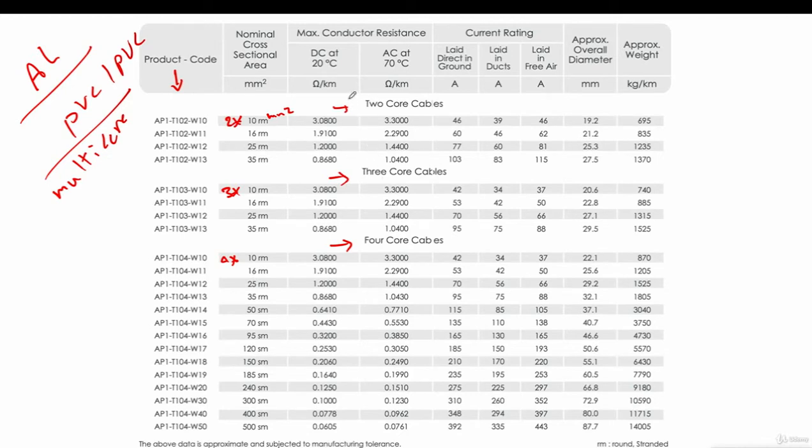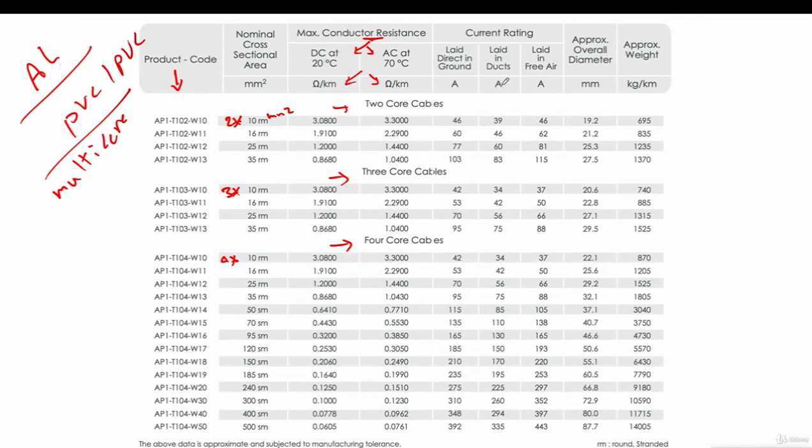And as we illustrated before, we have here the conductor resistance at DC current and AC current. DC current at 20 Celsius degrees, and AC at 70 Celsius degrees. The conductor resistance is in ohm per kilometer. You can review these two columns.